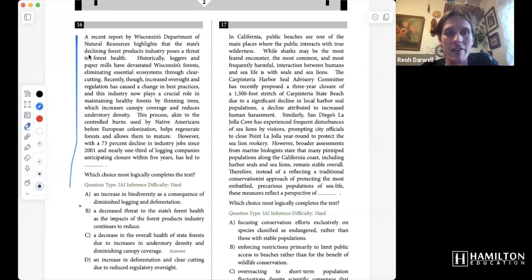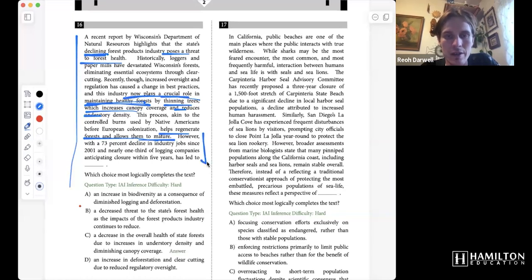The state's declining forest products industry poses a threat to forest health, right? So the decline poses a threat. Why? Well, thinning trees, which does these things, helps regenerate forests and mature faster, right? So the forest industry now plays a crucial role in maintaining healthy forests.